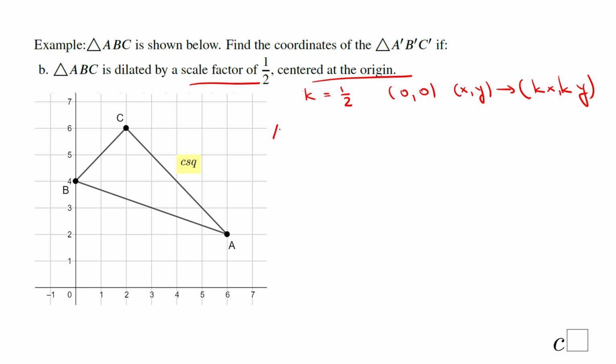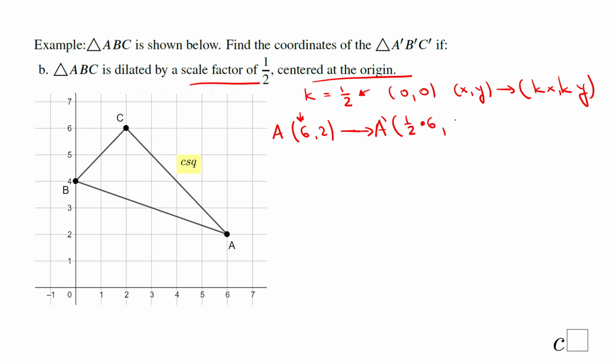We're going to start again with point A, which if you remember was 6 and 2. What will be A prime? A prime is going to be this k now, be careful, 1/2 times the x coordinate, 6.